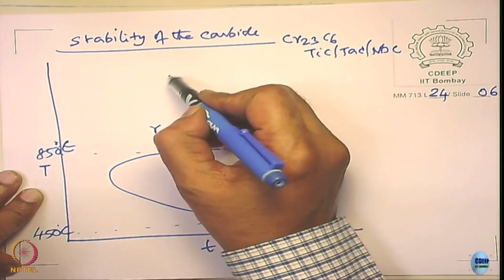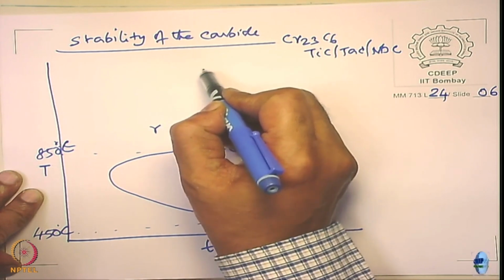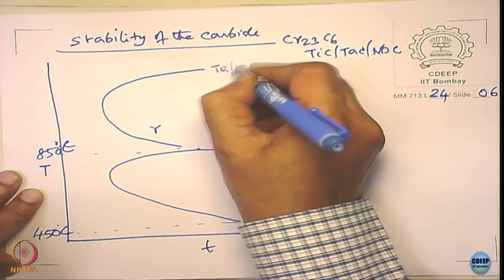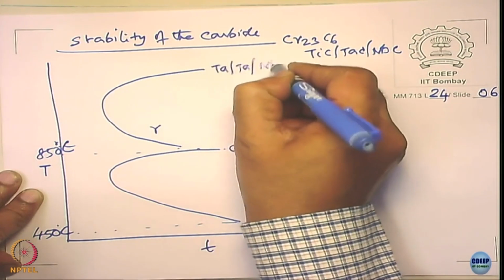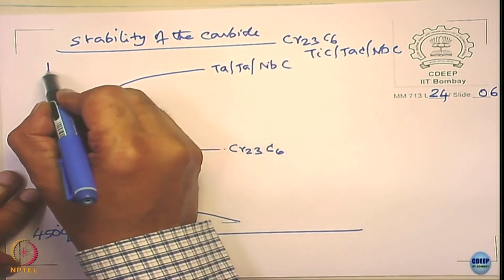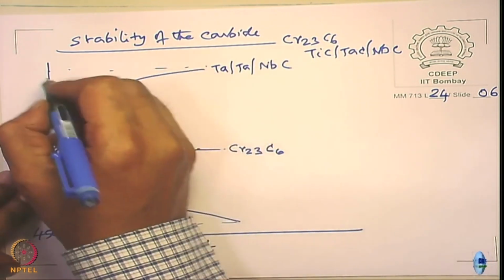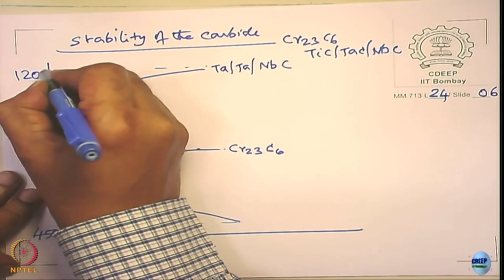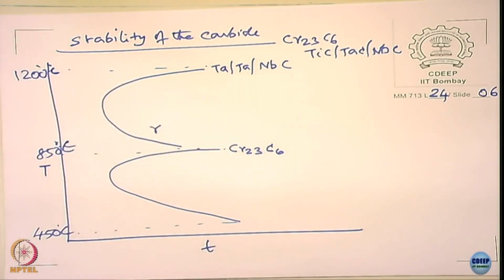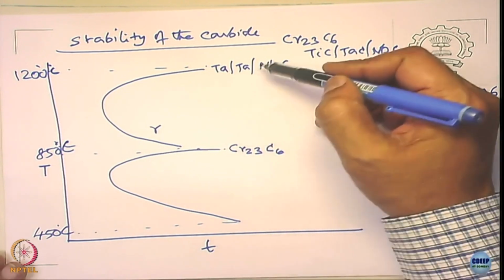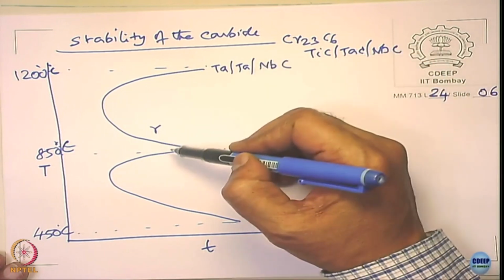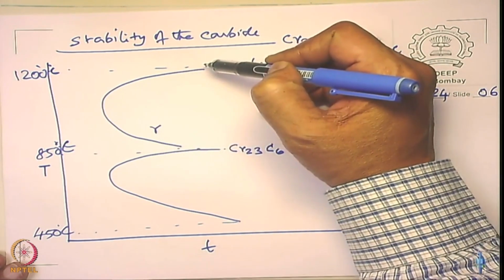Look at this. All carbides. What is the temperature? Around about 1200. Understood or not? The titanium, tantalum, niobium carbides form in the temperature region of 850 and 1200 degrees Celsius.